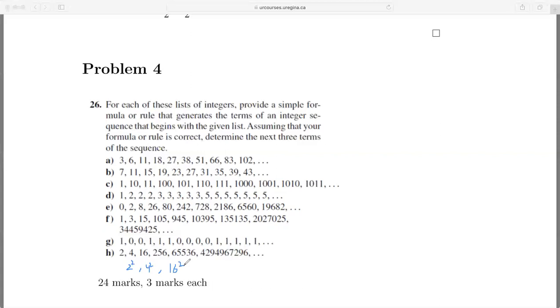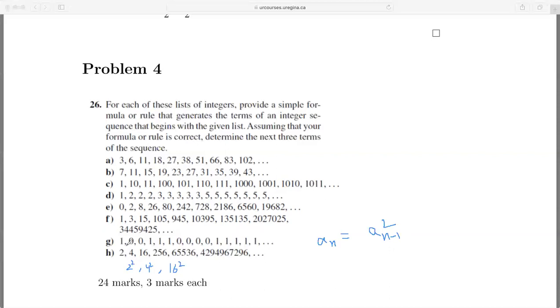So our an is actually the previous term squared, so an minus 1 squared. So we can find the next three terms here.